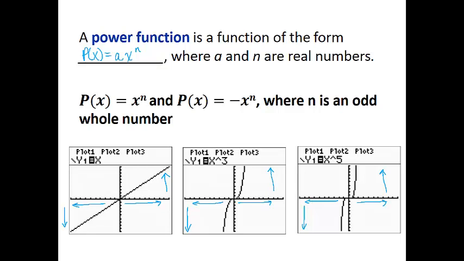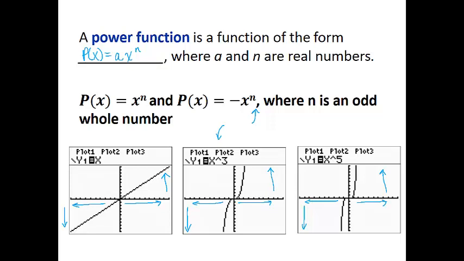We call this the end behavior. These graphs are all down to the left and up to the right. These graphs also have a common x and y intercept, that is at the origin, but notice as the exponent gets larger, the graph gets a little bit flatter through the intercept, and the graph also gets steeper as we increase the exponent.